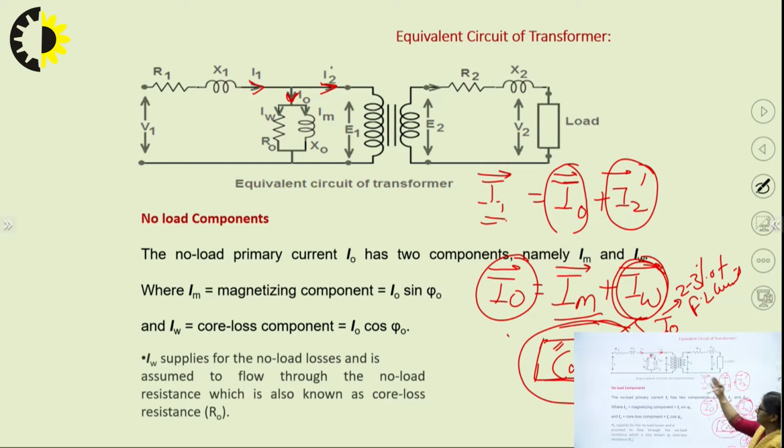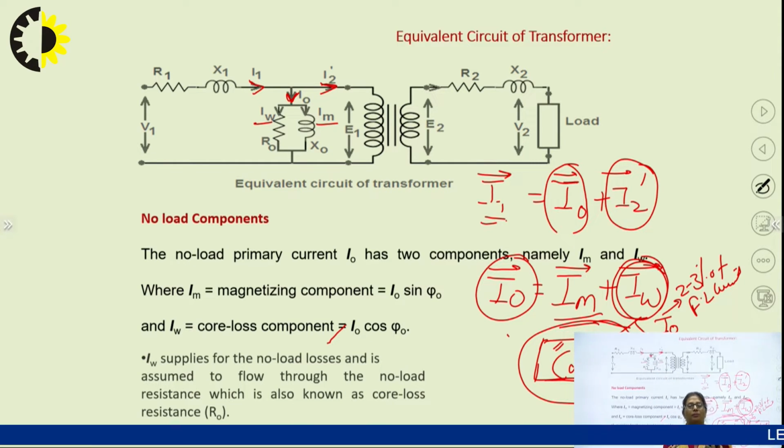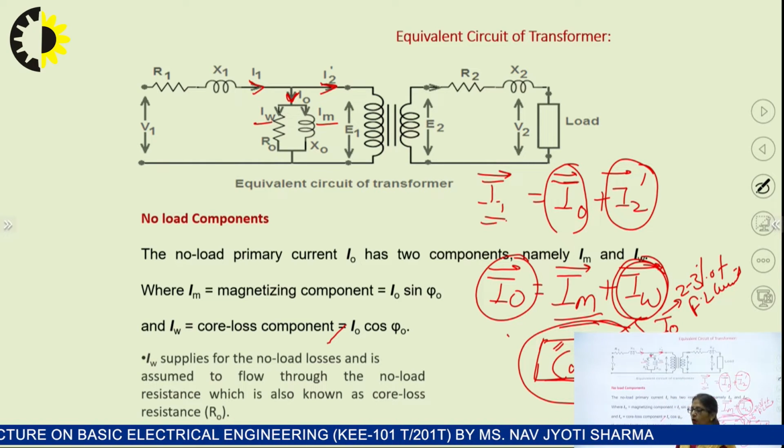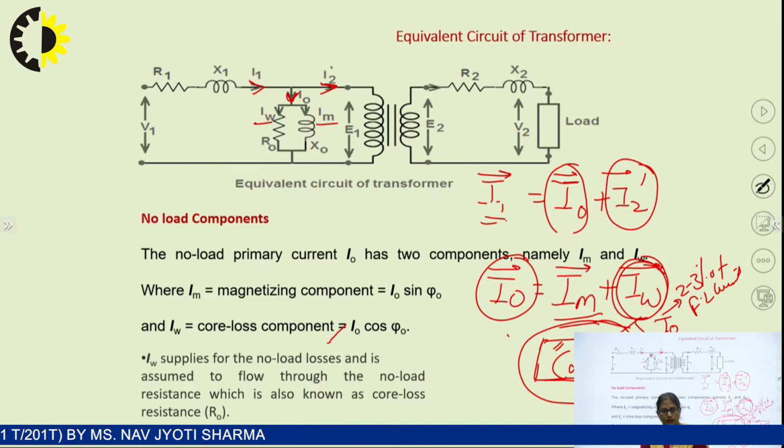Coming back to the equivalent circuit, till now what we have discussed is, the input voltage is V1, and the input current is I1, which is the phasor sum of I0 and I2 dash. I0, the no load current, is once again the phasor sum of two currents IW and IM, where IM is the magnetizing current, responsible for the magnetization or excitation, for establishing the flux in the core of the transformer.